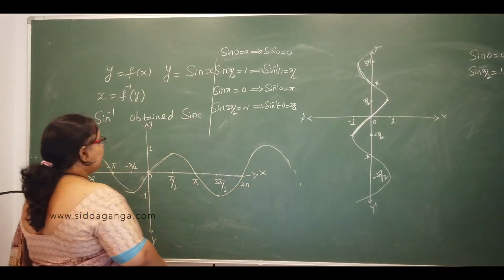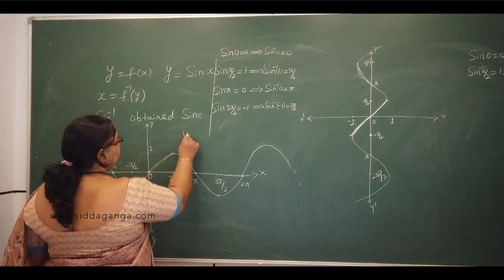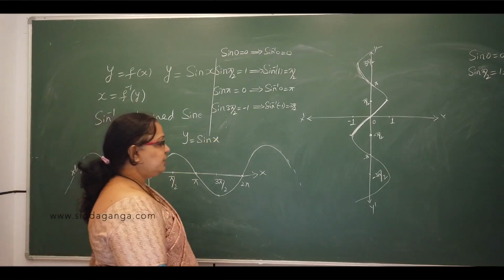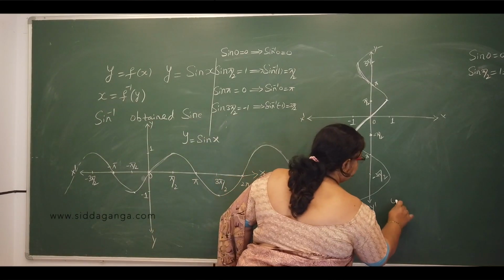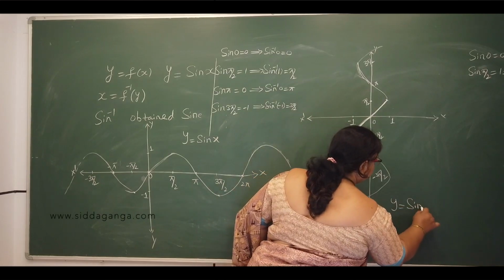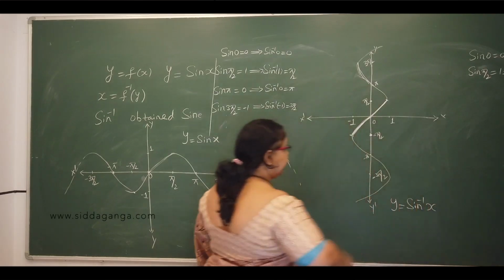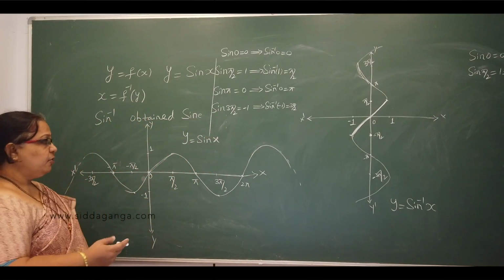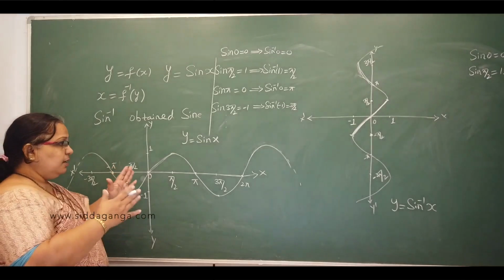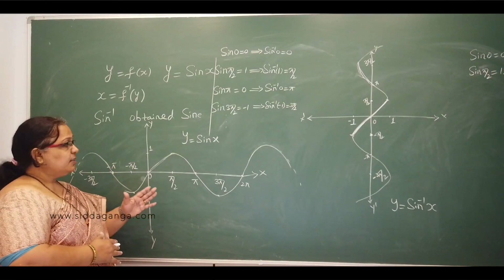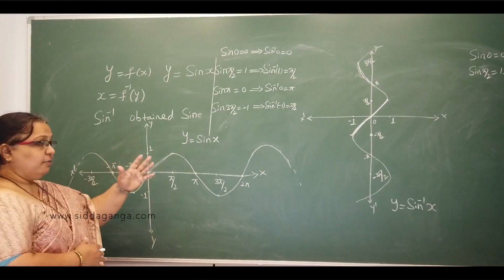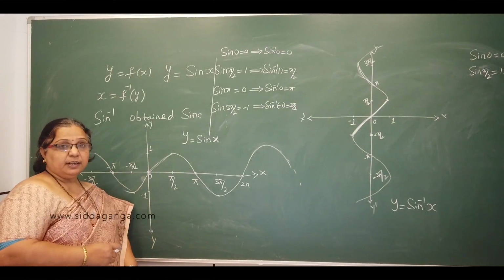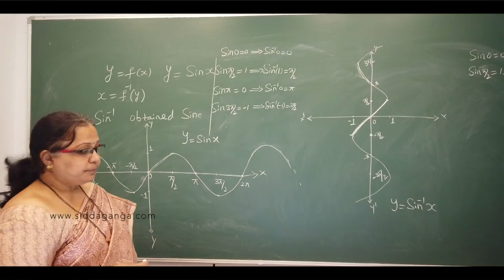This is the graph of the function y equal to sin x, and this is the graph of the function y equal to sine inverse of x. We can draw both graphs in the same coordinate axis, so we shall continue it in the next class.